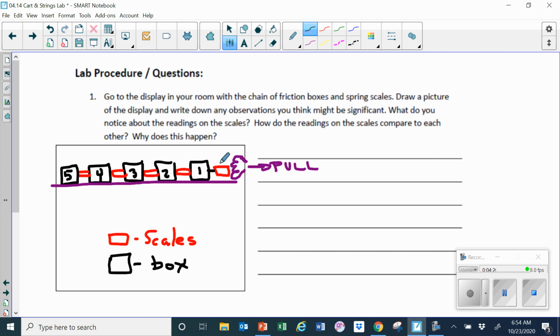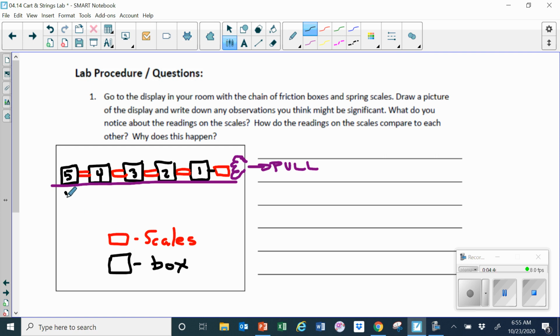These will be the little pull scales, and there'll be one where your hand is pulling, and there'll be one between each of the carts. These represent the brackets or the couplings between the carts, okay? So basically, if you set this up, the black boxes will have some mass, right?